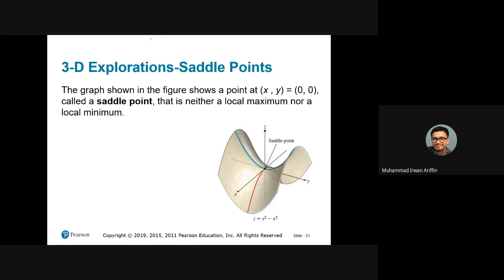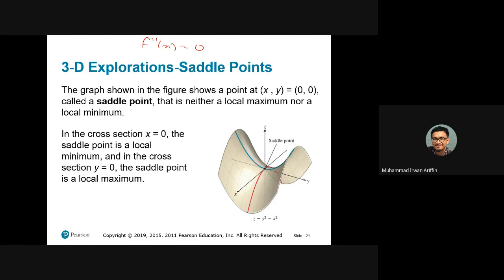And remember last time, if it equals zero, the second derivative test for one variable fails. So if it equals zero for 3D, this is what we call the saddle point. It is called a saddle point because it looks like a saddle that we put behind the horseback or camelback.